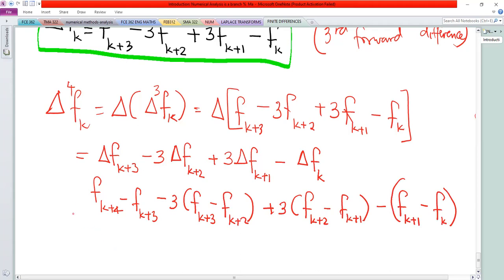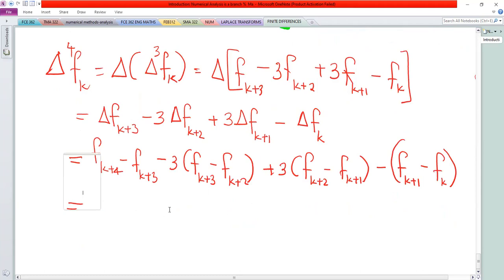So when you open this, you'll get fk plus 4 minus, so this will be minus minus, so minus 4 fk plus 3. Now this minus and this minus will be positive, so 3 fk plus 2, this also will be positive, so 3 plus 3 is 6 fk plus 2.